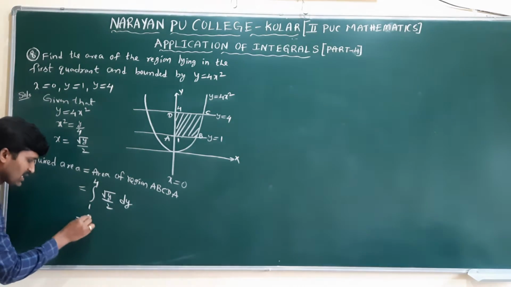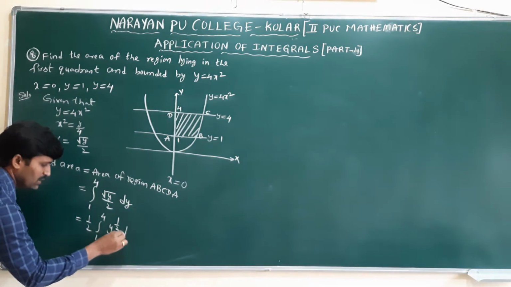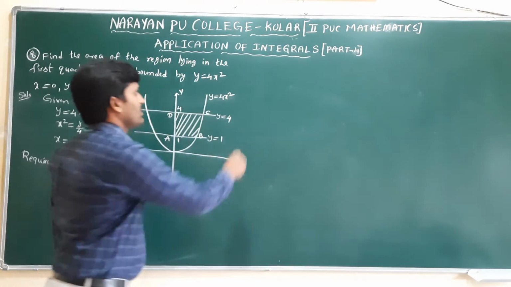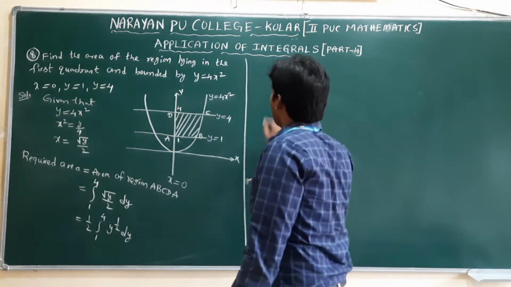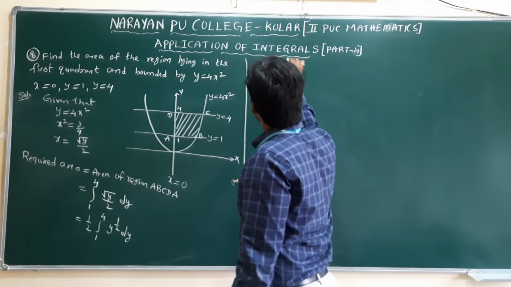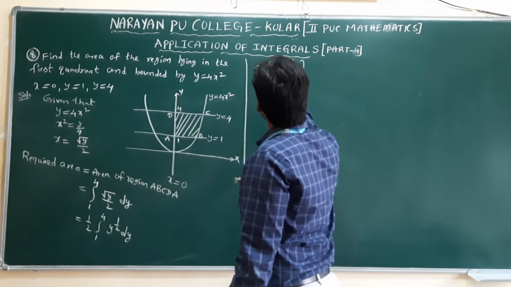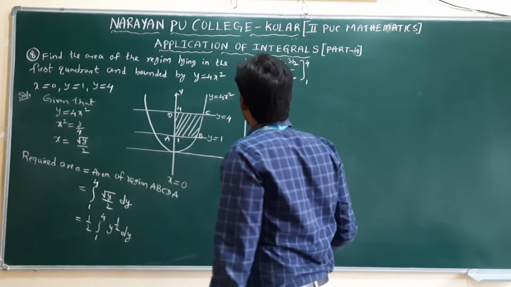Now 1 by 2 is a constant. Integral 1 to 4, y power 1 by 2 into dy. Now from this, 1 by 2, integral of y power 1 by 2 is y power 3 by 2 by 3 by 2 from 1 to 4.